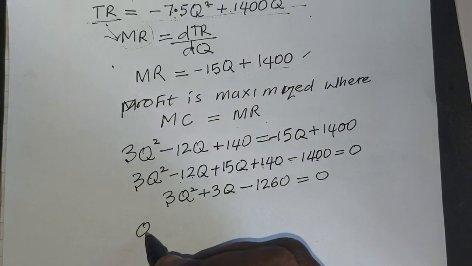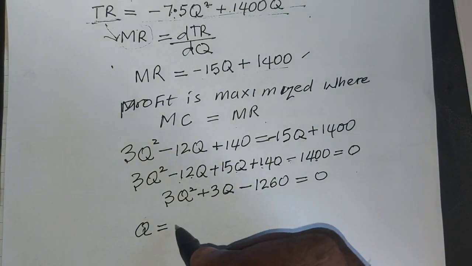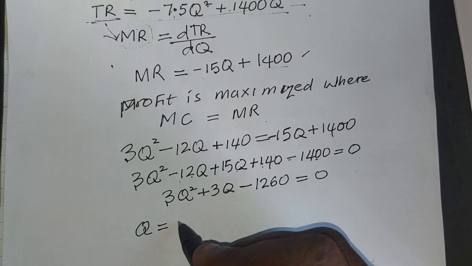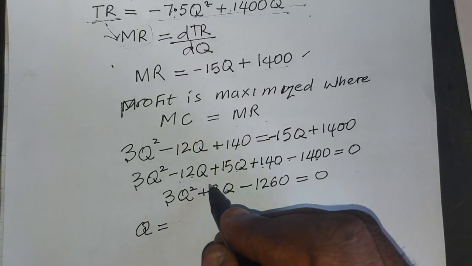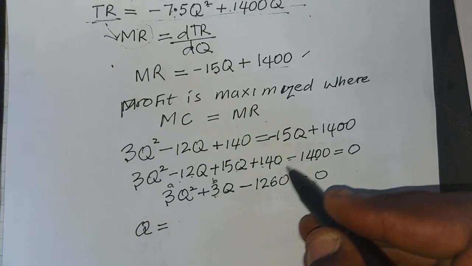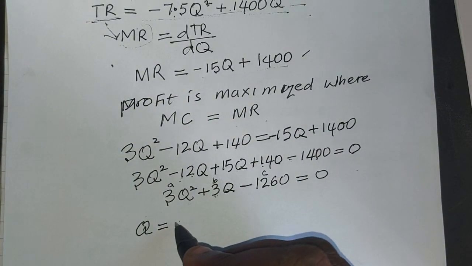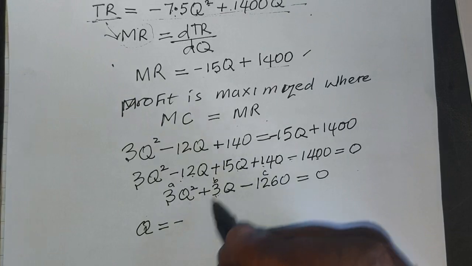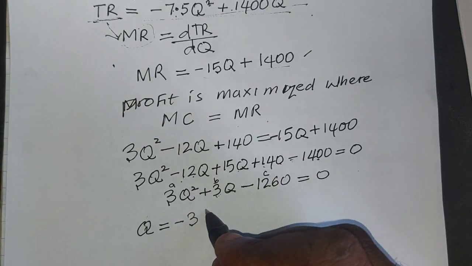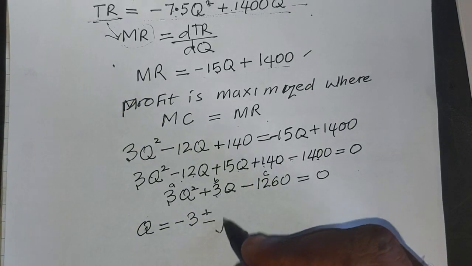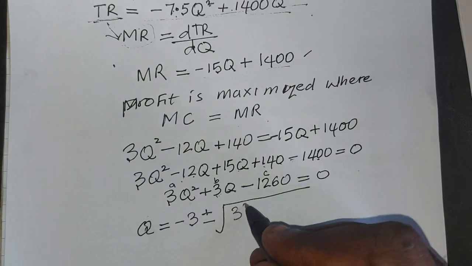So by using the almighty formula, q equals minus b. This is our b, this is our a, and this is our c. So what do you have? We have minus 3 plus or minus the square root of 3 squared.